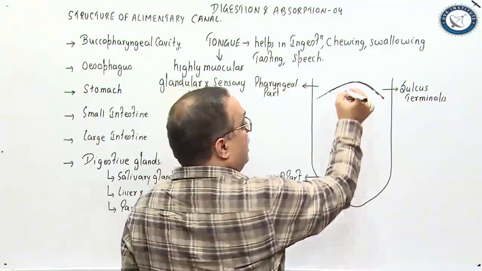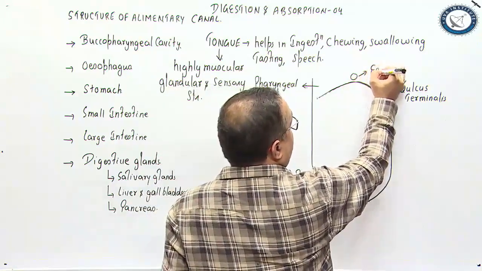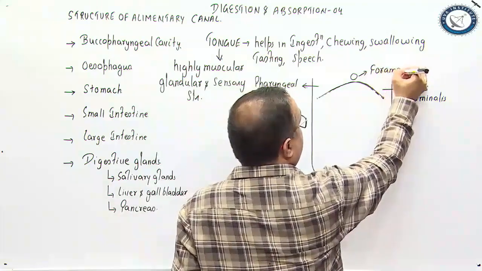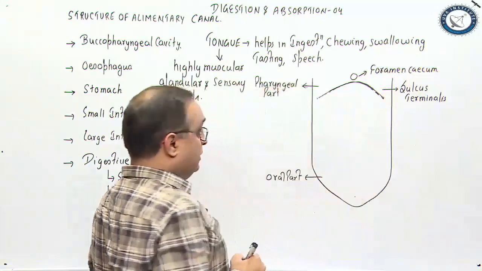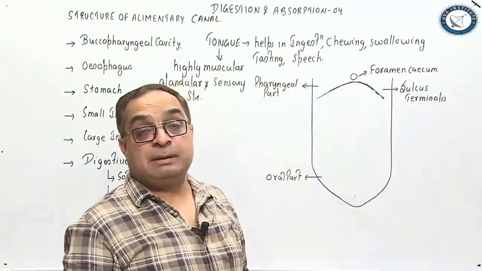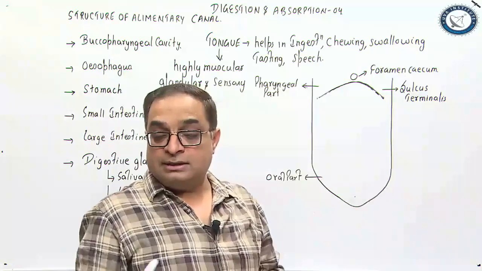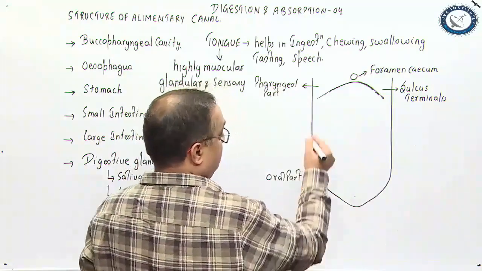Okay? Here you have remnant of the thyroglossal duct, that is foramen cecum. The surface of tongue has projections of mucous membrane which are called papillae. So I'll show you different types of papillae on the tongue surface.